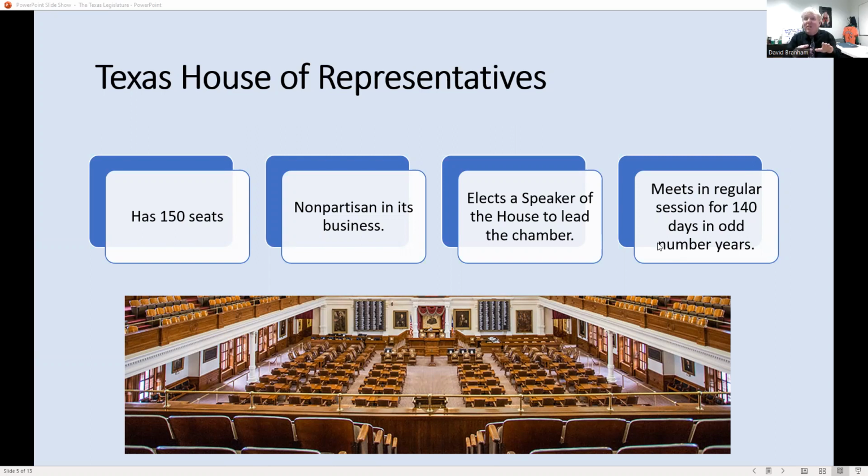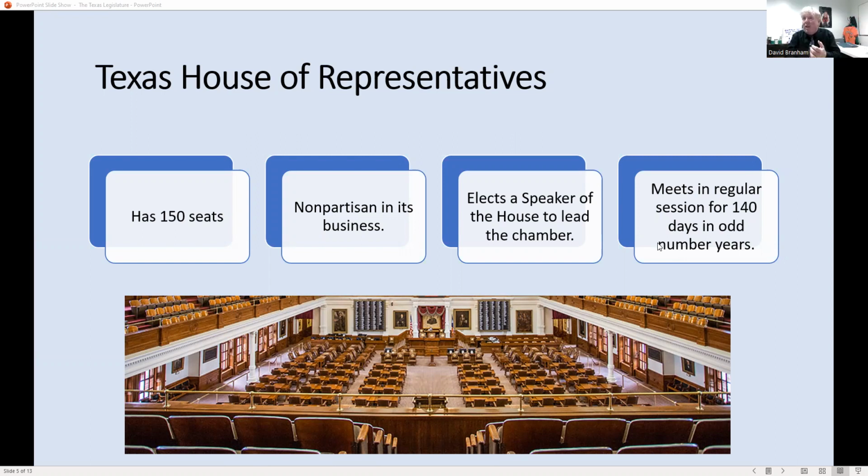The House elects a speaker to lead them out of their chamber. A lot of times this House member has support from Democrats and Republicans. A lot of times it'll be the moderate Democrats and the moderate Republicans leaving out the right-wing Republicans and the left-wing Democrats and selecting a speaker in the middle.